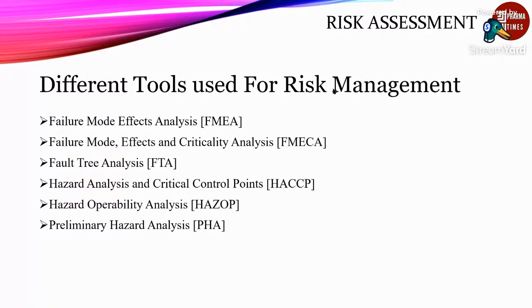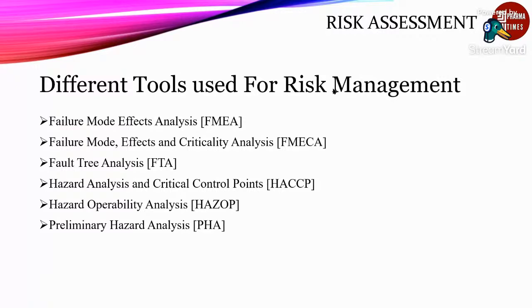FMEA, failure mode effect analysis, looks at which type of failure there is, and based on that failure, risk is defined. The second one is FMECA, failure mode effect and criticality analysis. It is similar to FMEA, but in FMECA some criticality is defined, meaning which risk is more critical compared to another. Which one is more critical, having more impact on the process or the system, will be handled by some SOPs or some defined process.